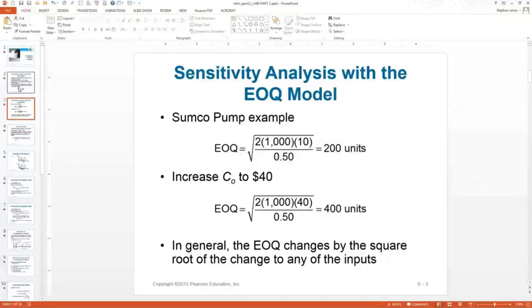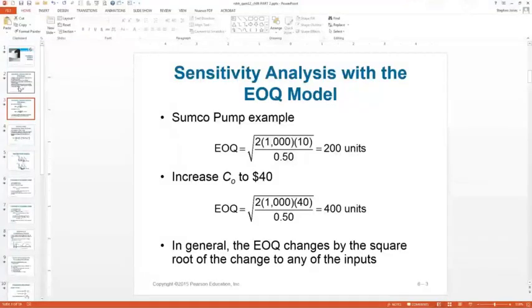Suppose the supplier has upped their costs, we just had minimum wage increases for our own staff, and our paperwork goes up because we have to report to state and federal regulators. It all jumps the cost of ordering from $10 to $40 per order.